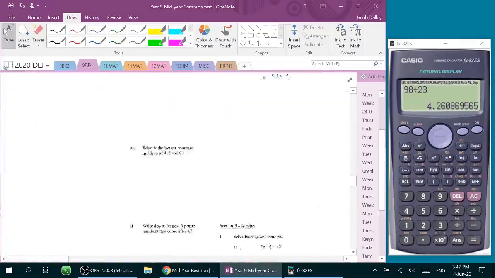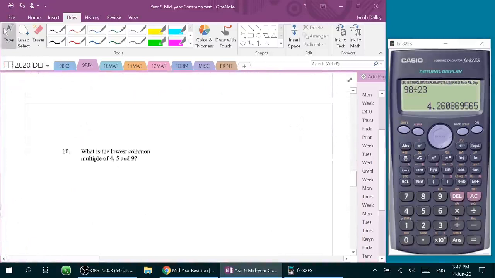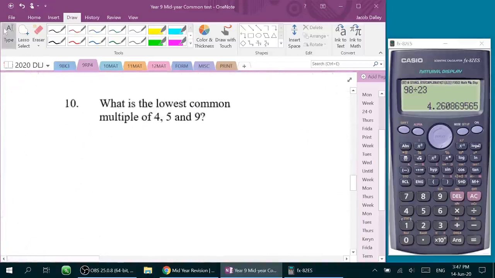Oh no, we got a few more complicated ones. Lowest common multiple of 4, 5, and 9. So really, first you need to know what multiples are. So multiples of 4, we've got 4, 8, 12, 16, 20, 24.